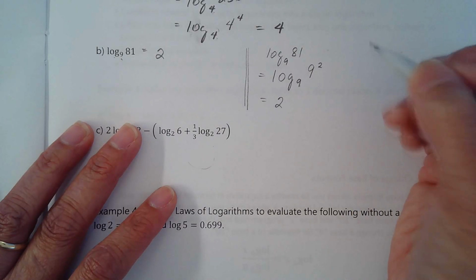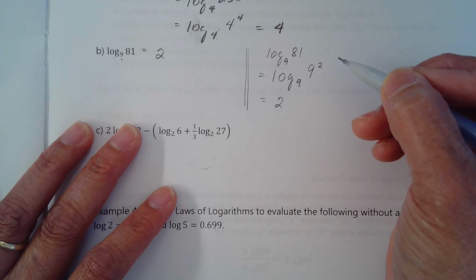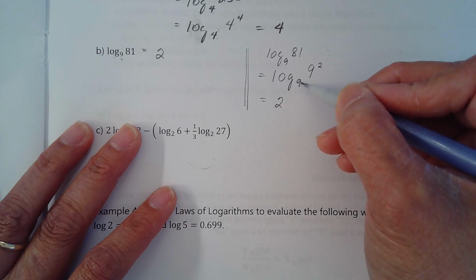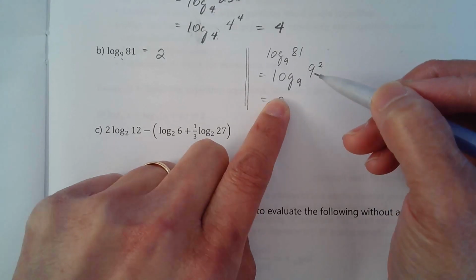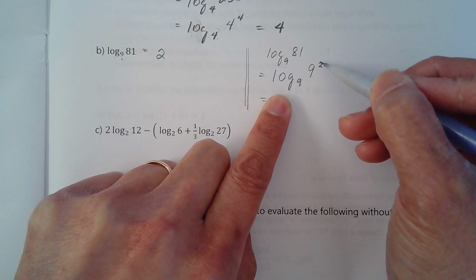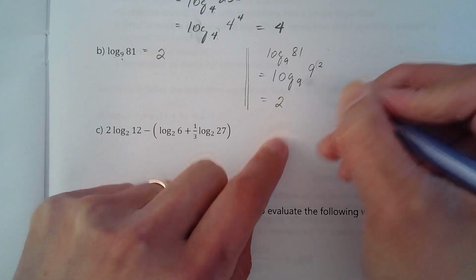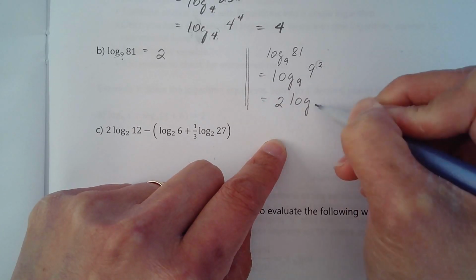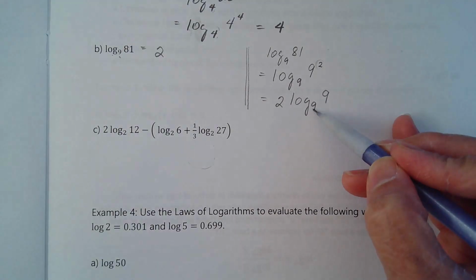If you want another funny thing, here's another way. Expand it even more. Using this, the exponent is 2, right? I can say, hey, this is 2, it's going to be log of 9 base 9.